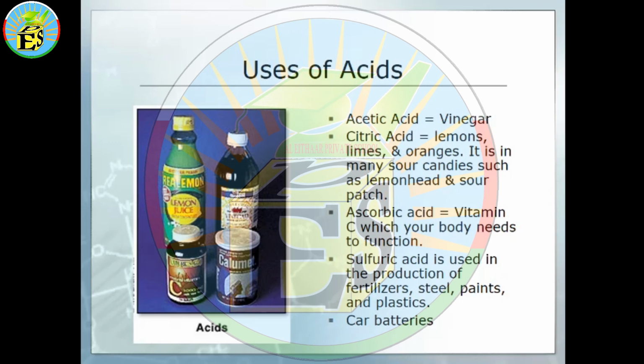So any citrus fruit will contain citric acid. The next one is ascorbic acid, found in vitamin C, which your body needs to function, and then sulfuric acid, which is used to produce fertilizers, steel, paints and plastic and many other things, and especially in car batteries also. So these are some uses of acids.